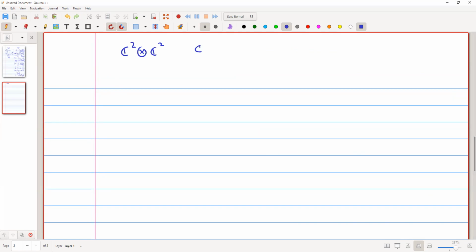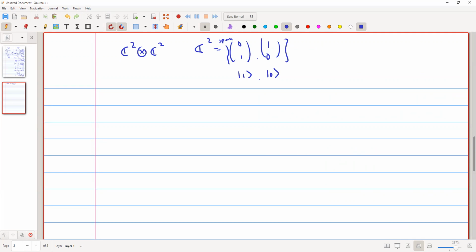And for C2, I'll choose the standard basis: (1,0) and (0,1). By convention, these are called ket 0 and ket 1.